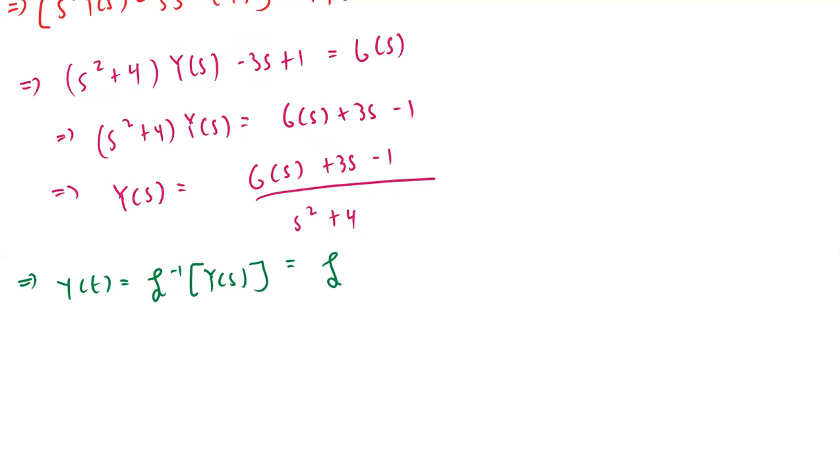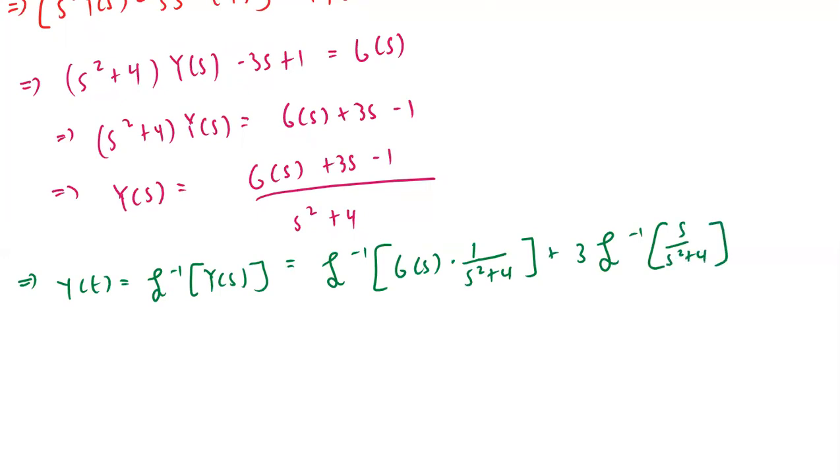It's going to be equal to the Laplace inverse of G of s times 1 over s squared plus 4, plus, by linearity, 3 times the Laplace inverse of s over s squared plus 4. And then again, by linearity, minus the Laplace inverse of 1 over s squared plus 4. Let's just calculate each term separately.